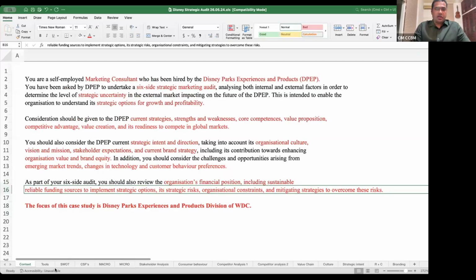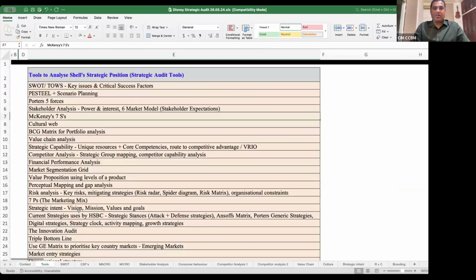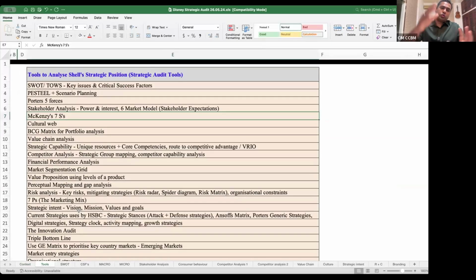In terms of the strategic audit tools, here are some tools from your syllabus, but you can use tools outside this also if you want to. How many tools you have to use depends on the questions that we have.